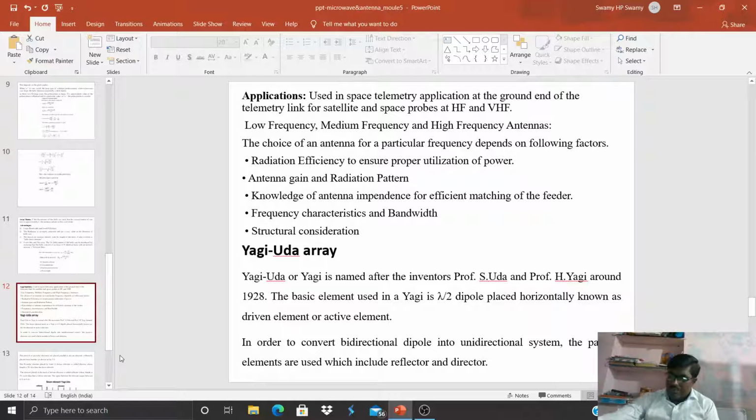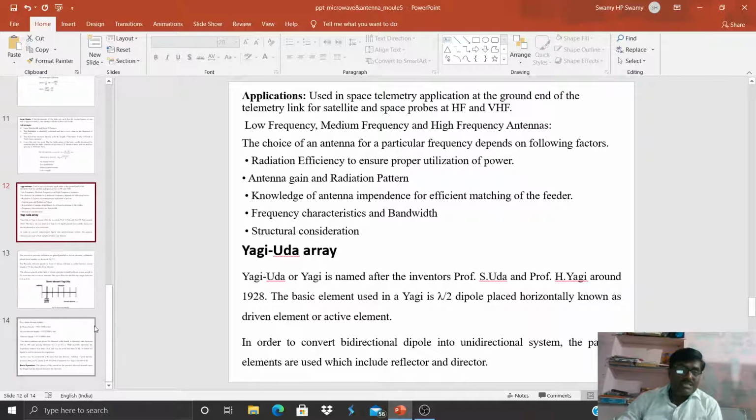Now I will move on to another topic called the Yagi-Uda array. This is also one type of antenna, called the Yagi-Uda antenna or Yagi-Uda array. The Yagi-Uda antenna was invented by Uda and Yagi in 1928. Yagi and Uda are the scientists or inventors. The basic element used in this Yagi is a lambda by 2 dipole.